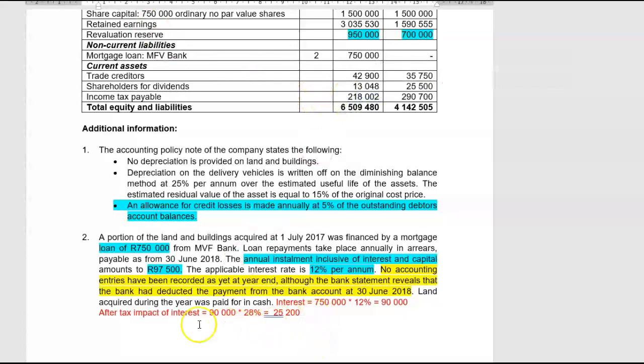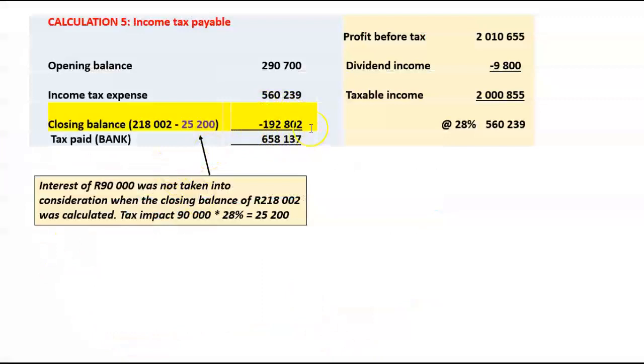Let's write it down. At the end of the year, we're going to owe him 218,002 less that expense that we can deduct, and that then equals, now I'm writing like you're writing in your test, that's why I make so many mistakes. There's 218,002. So at the end of the year, our closing balance of the receiver of revenue's account is only 192,802. So therefore, that is the closing balance.